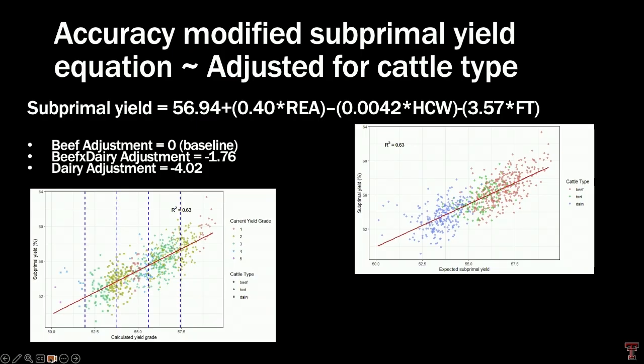So the first and most obvious question is, why don't we just recreate the equation? Why don't we just make it new? Because we can do that. We have millions upon millions of data points of carcass data. We have maybe 5,000 or 6,000 that actually have red meat yield data tied to it.